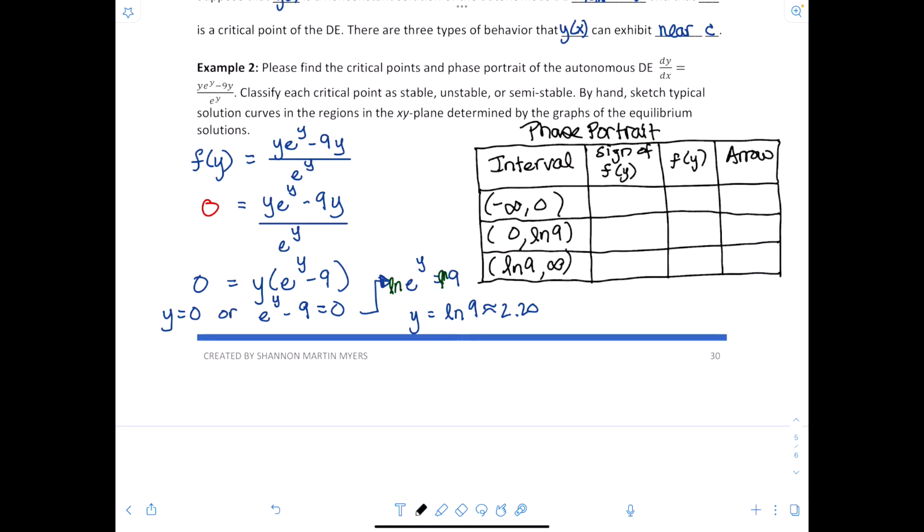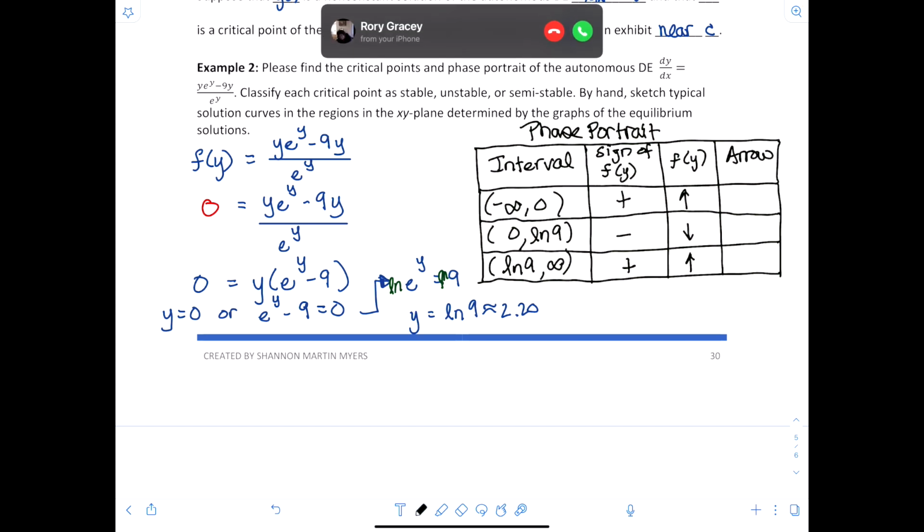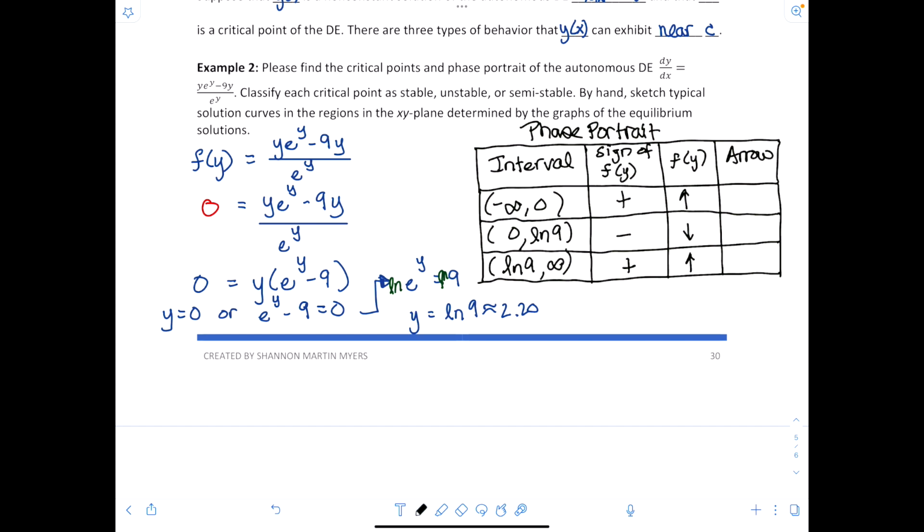So the sign of f of y, we said it was positive on the tails there and negative on that one little piece. And f of y, remember, is slope. So it's going to be increasing where it's positive, and decreasing where it's negative. And then the arrow, does it point up? Does it point down?